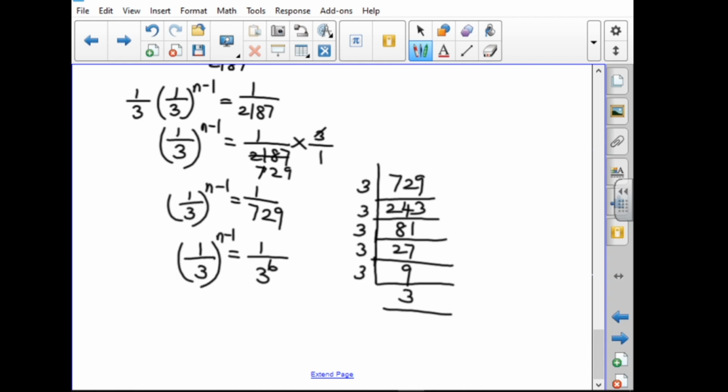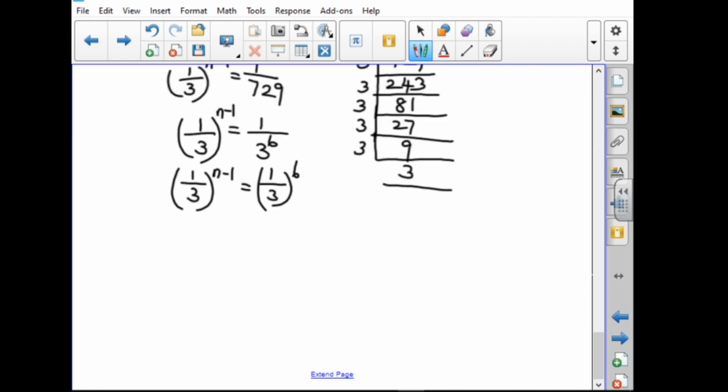Write it in whole power form. 1 by 3 whole power n minus 1 is equal to 1 by 3 whole power 6. The bases are equal, you can equate the exponents. So n minus 1 is equal to 6, so n equal to 7.